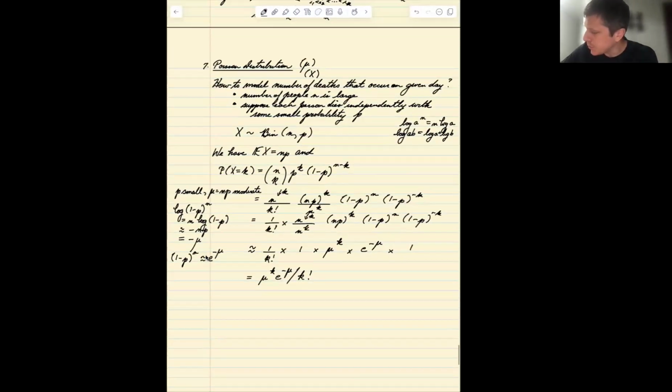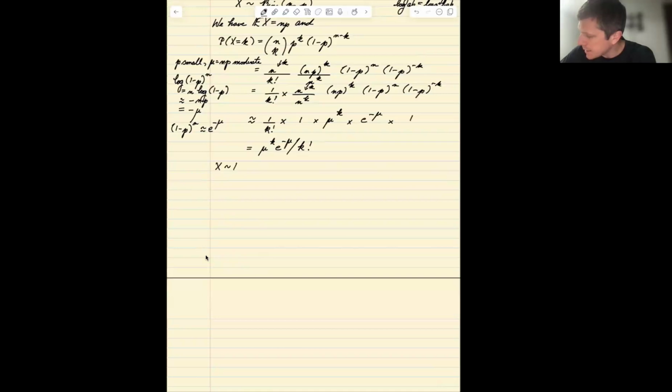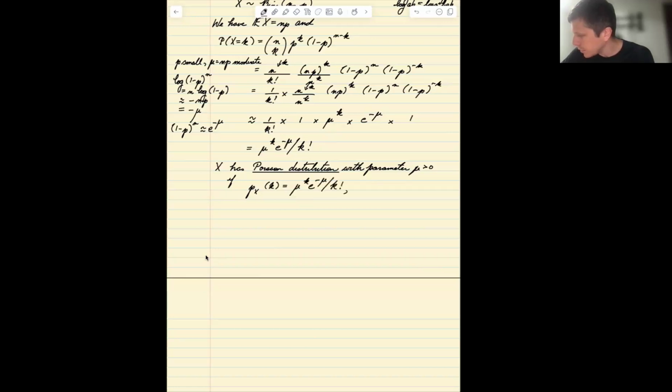So the Poisson distribution: X has Poisson distribution with parameter mu if the mass function of X is equal to mu to the k, e to the minus mu, over k factorial, for all non-negative integers k.